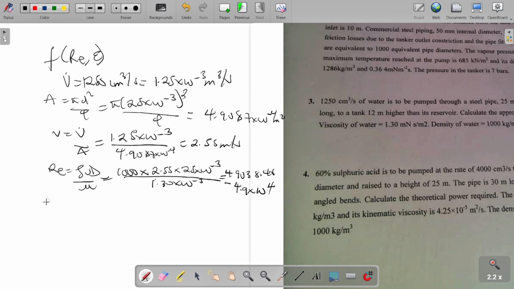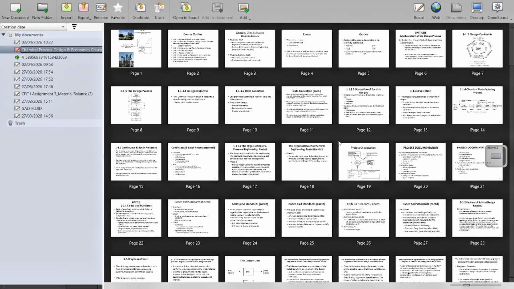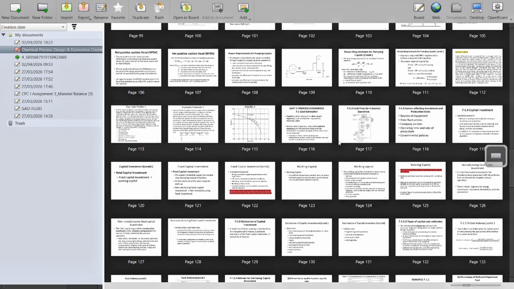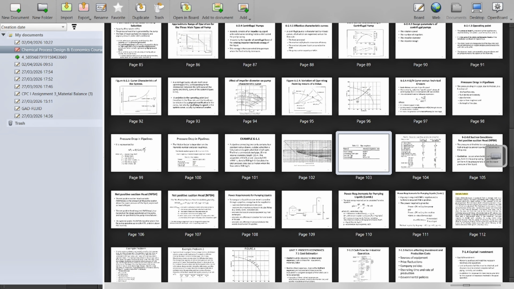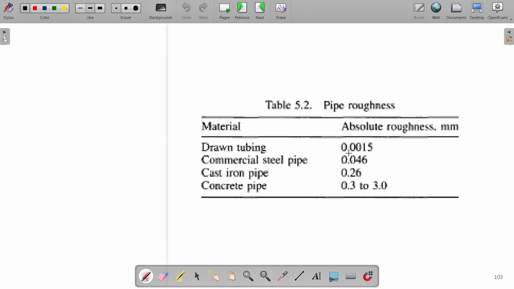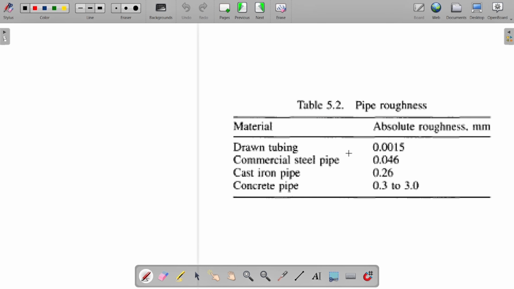Then to calculate the relative roughness, it is the absolute roughness divided by diameter. And over here they said we are using a steel pipe. There's a table where you can read the roughness from. If I check this table, I can see that a steel pipe has an absolute roughness of 0.046.